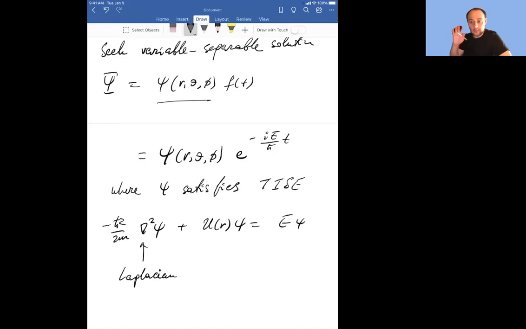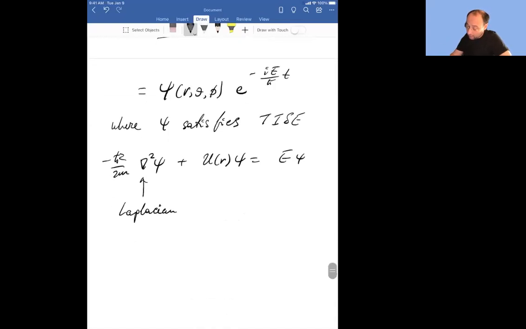Hopefully, you remember something from your 3D calculus. In Cartesian coordinates, this would be the partial squared psi, partial x squared, plus partial squared psi, partial y squared, plus partial squared psi, partial z squared.